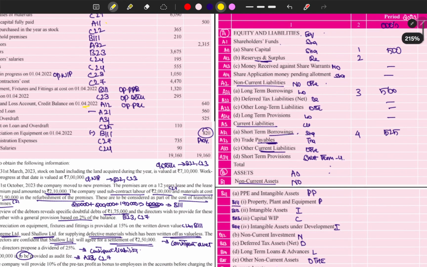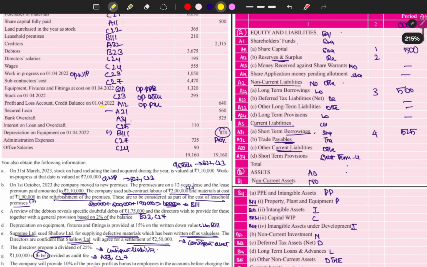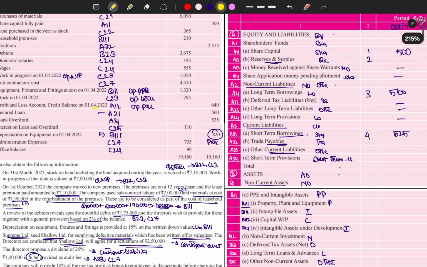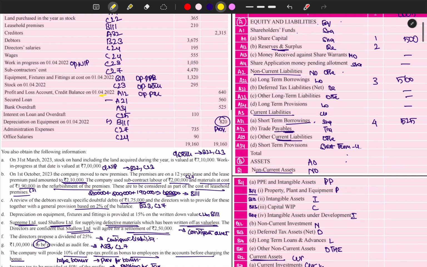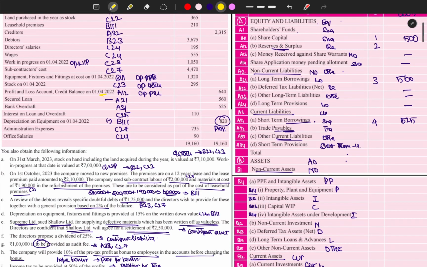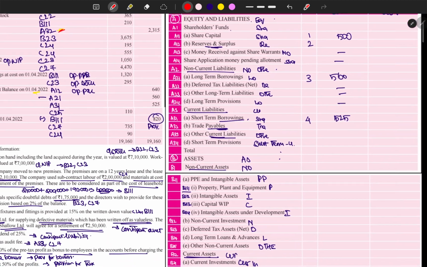Next, trade payables. Trade payables is A32. Is there any A32? Yes, creditors. See, creditors, which is 2315.